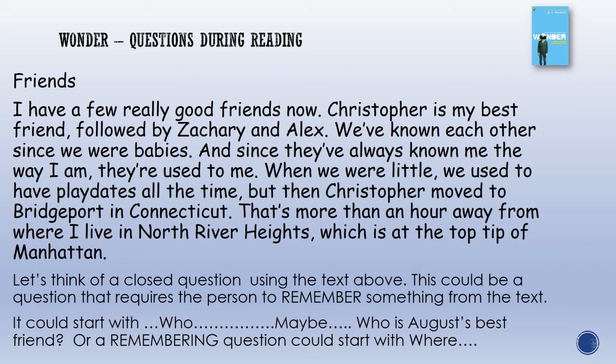That was one of the first sections or types of questions from the Bloom's taxonomy. It could start with who. Maybe, and some of you might have thought of a good one already, who is August's best friend? Because that answer is in the text, and I bet some of you know that answer as well.